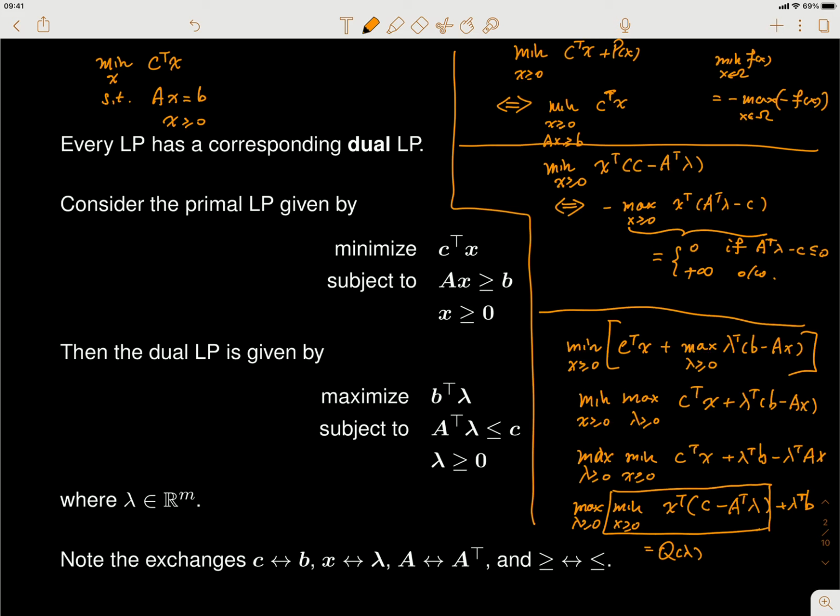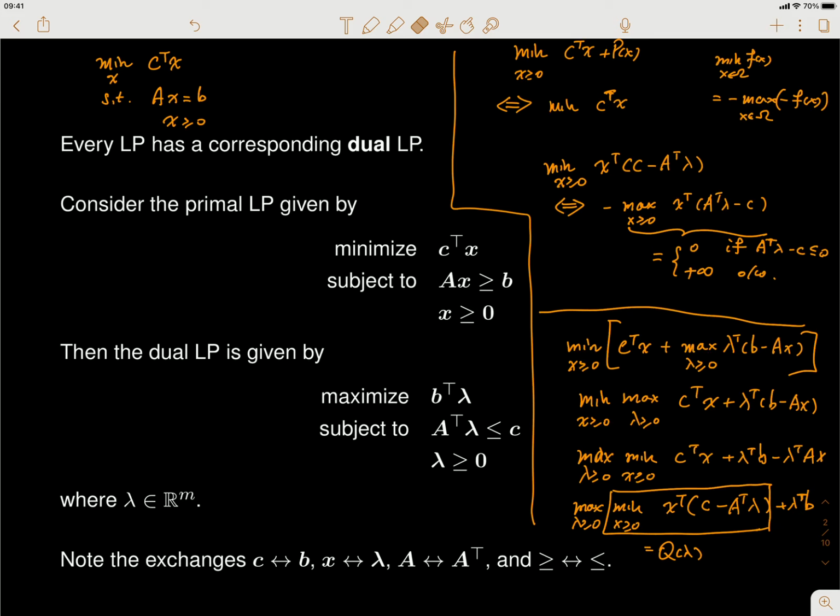With the negative it's the same, except that if this is true, it takes the value 0; otherwise, you take the value negative infinity. All right, so that's what happens to this q of x. This whole thing is just q of lambda. So q of lambda will be equal to the negative of this thing, which is equal to that. So in summary, q of lambda itself, as I just mentioned, will be either 0 or negative infinity.